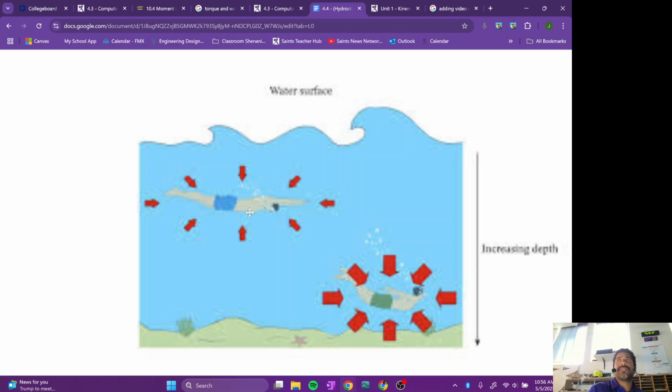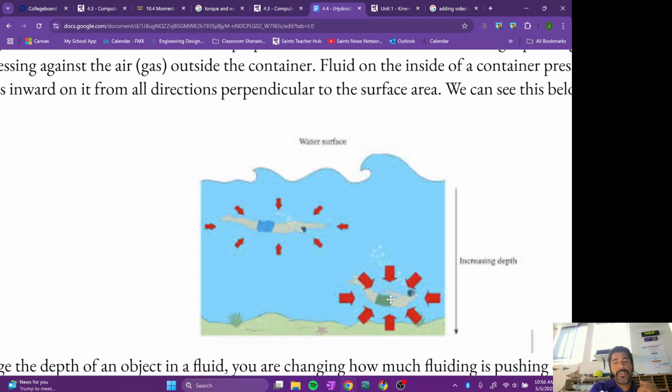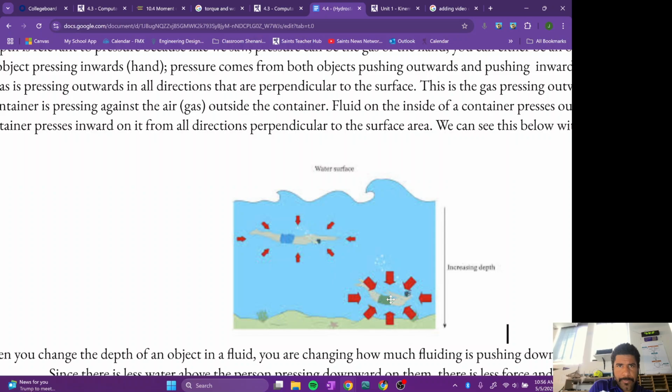The deeper that you go, there are needles poking you, but there are needles on top of those needles. Essentially, there are more books being placed on top of you when you go lower underground. And you are being poked with needles from all directions, perpendicular to your surface. All these needles poke perpendicular to your surface.